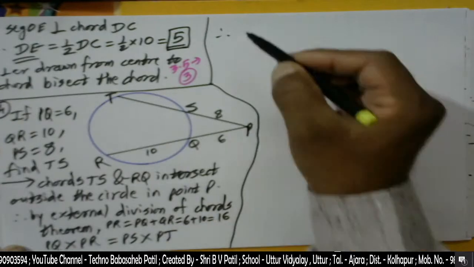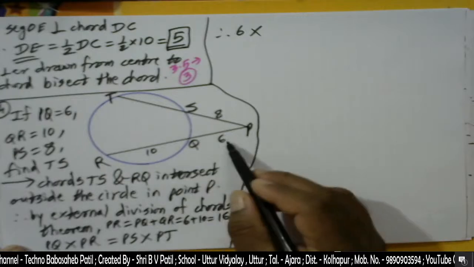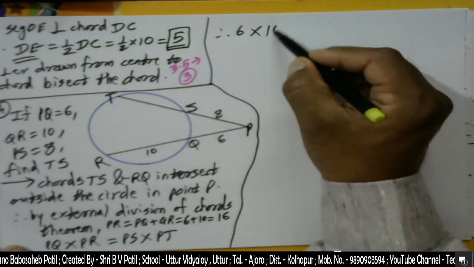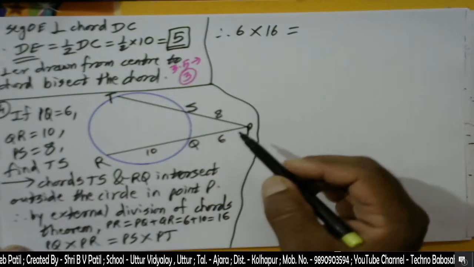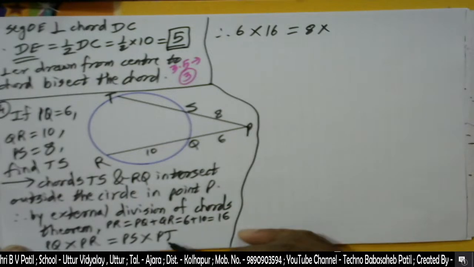Value of PQ is 6 into PR, total length 16, is equal to PS, its value is 8, into PT.